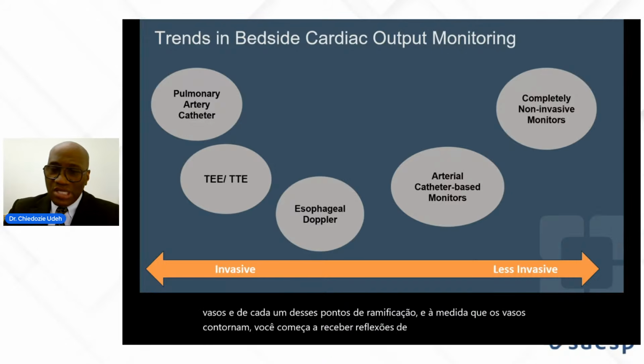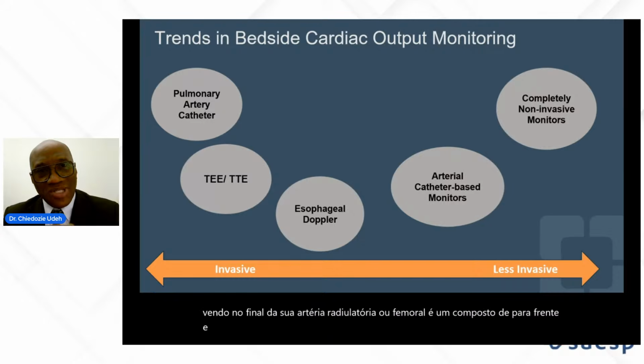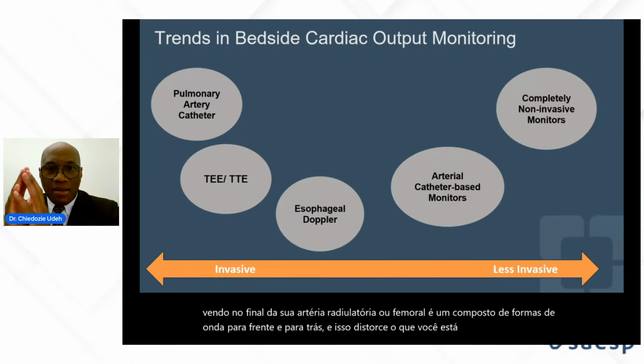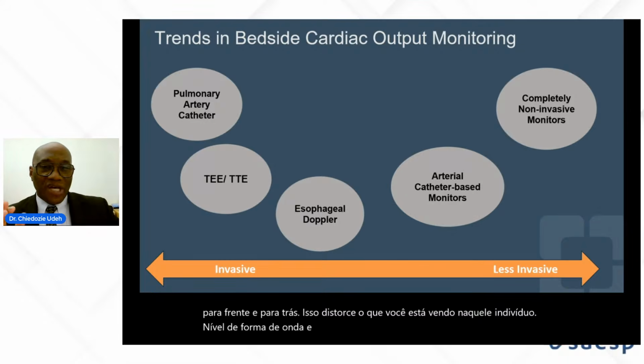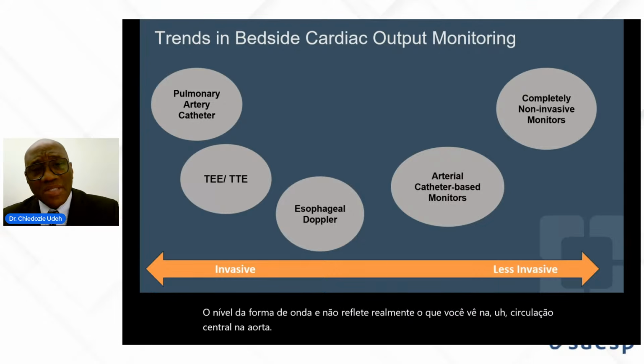And so what you're seeing at the end in your radial artery or in your femoral artery is a composite of forward and backward waveforms. And so that distorts what you're seeing at that individual waveform level, and doesn't truly reflect what you see at the central circulation in the aorta. And I will talk about this a little bit more.